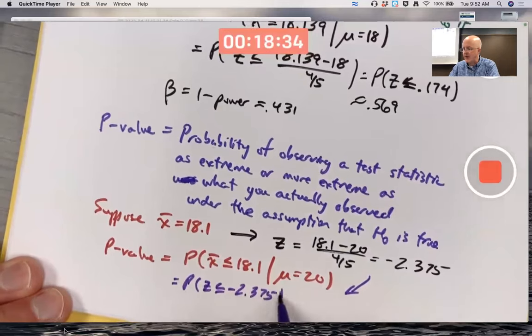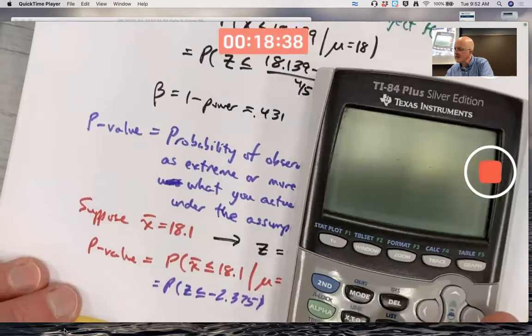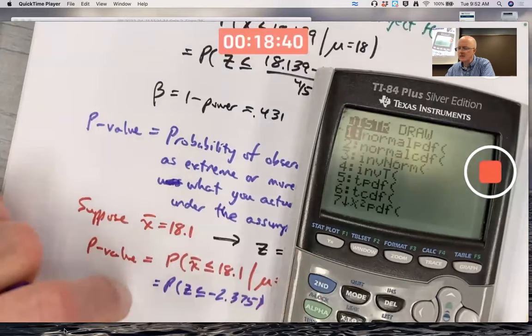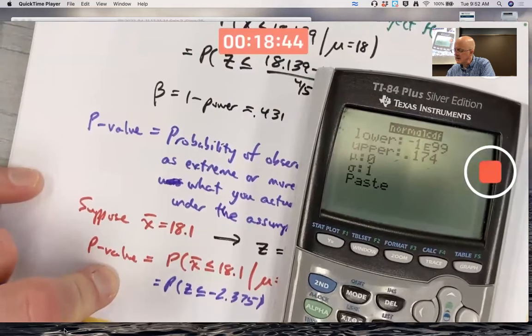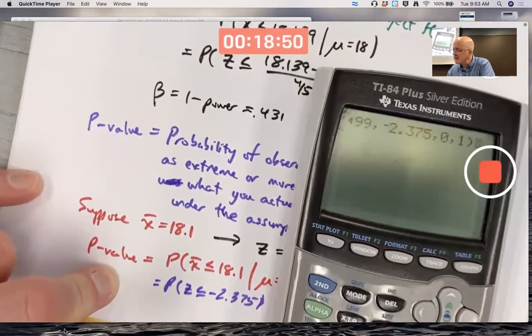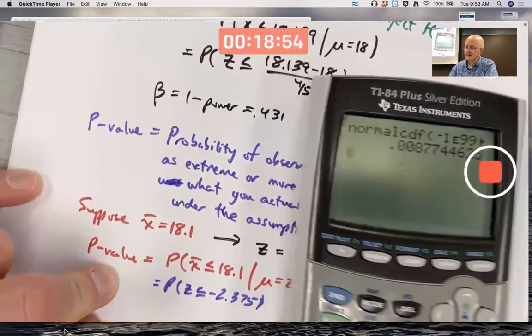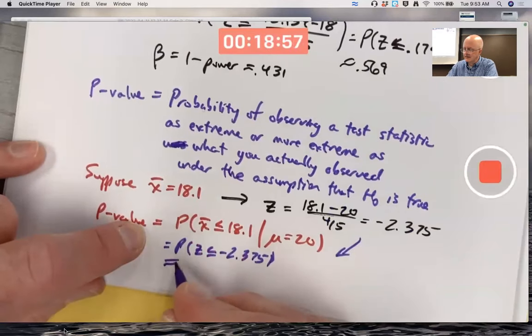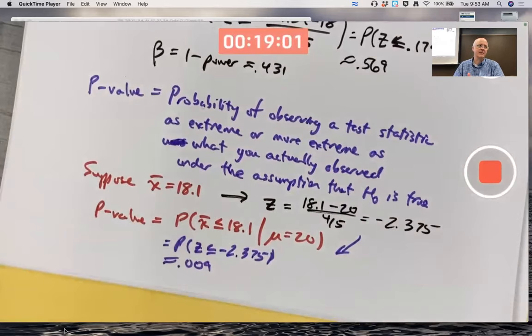And by what I've done already, that's going to be a little less than 0.01. Negative 2.375, I'm going to get something slightly less than 0.01. 0.009. So the p-value is 0.009, slightly less than alpha.